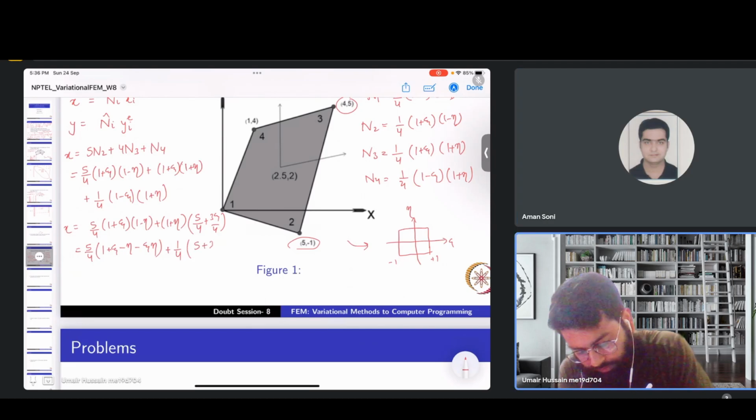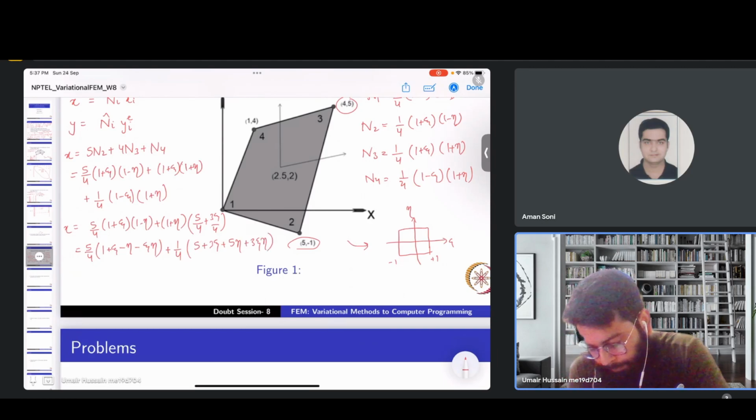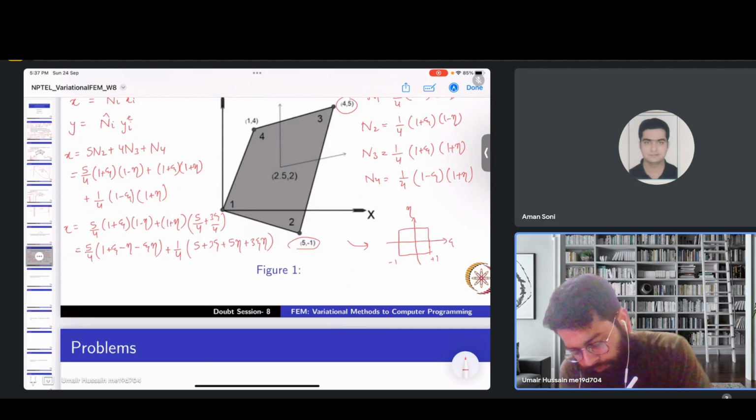5 plus 0, 5 beta plus 3 is beta. So we have 5 by 10 plus 5 plus 3, 8 inside.